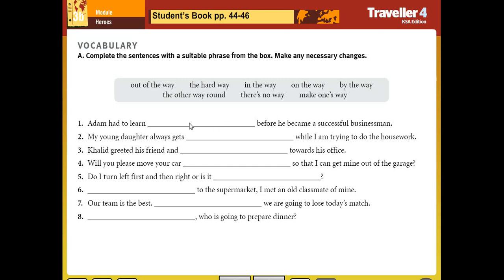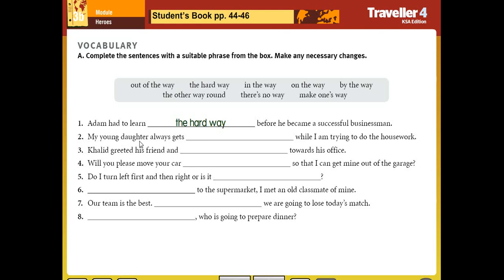He faced many difficulties. He made mistakes at first, but after that he became a successful businessman. Can you remind me? To learn what? Check the answers, please. Yes, he had to face or to find or to meet difficulties. Yes, the hard way. So he had to learn the hard way. He made mistakes at first, or he faced difficulties at first.